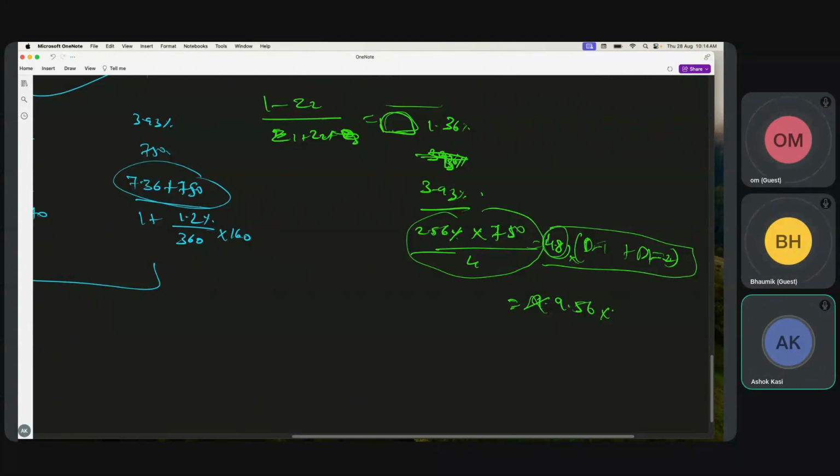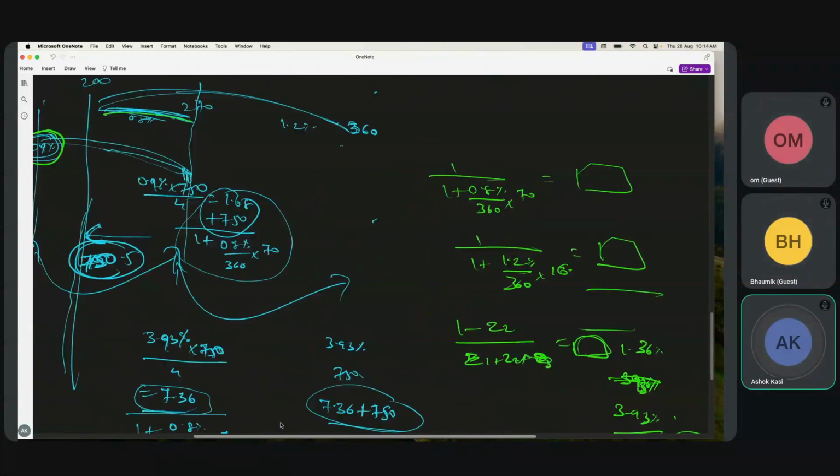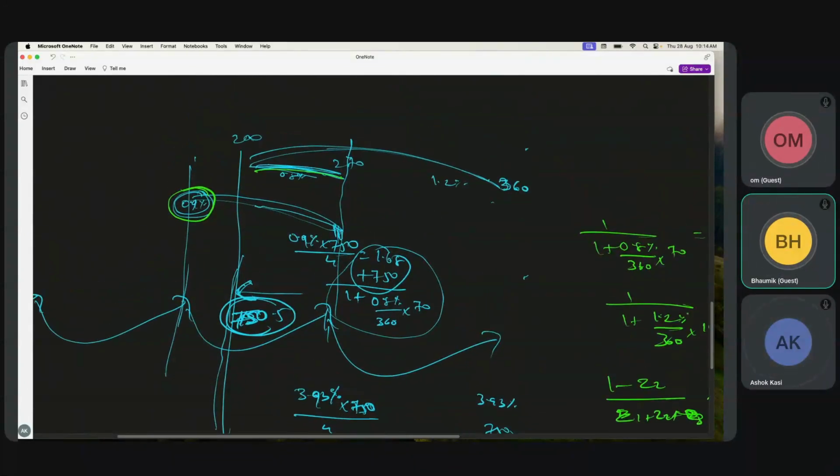So you are getting stuck, no? And also, when you are saying I will forward it by the 20-day MRR, that is wrong, because you require the 20-day MRR only if you are at 180 days. But you are on the 200th day now, right? Whatever you have done is for the 200th day. So how can you further say I'm taking it forward? You are already on the 200th day.